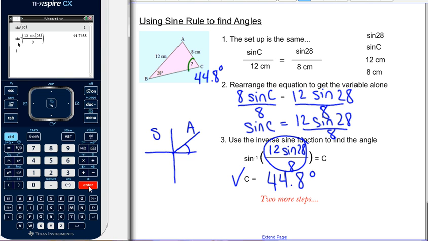So alpha is 44.8 degrees, and theta for sure happens to be 44.8 degrees. But we also need to check, is there another possible solution? In other words, is 180 minus 44.8 degrees a possible solution?